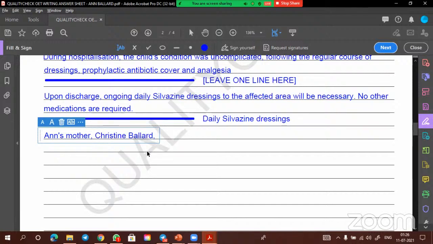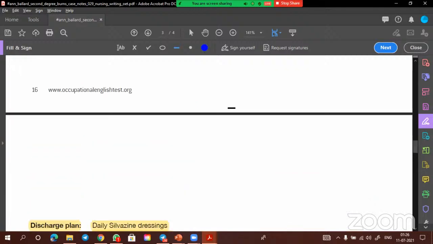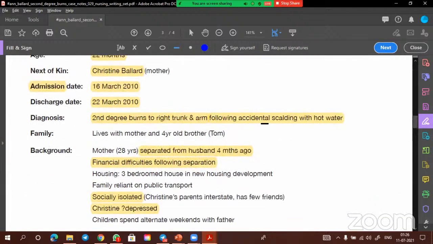Okay. Now next one, 4 months ago. 4 months ago is not past, it is recent past. You can see here, separated from husband 4 months ago. Just recently, not even 1 year, not even 2 years. So you can take this one as it is.